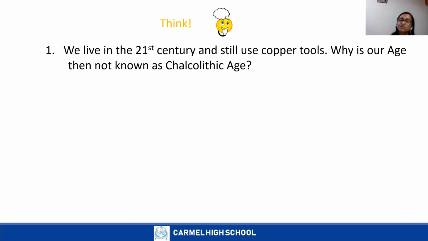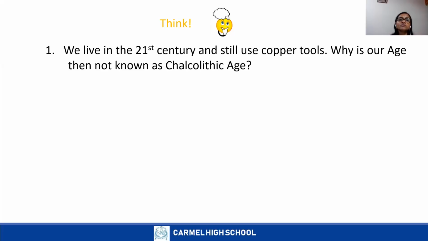Yes, we use different types of metals. Correct. So we can tell that we use copper, okay, and other metals also. Copper is not the only metal that we use in this period. Even we have kitchen utensils made of copper, and some tools made of copper.